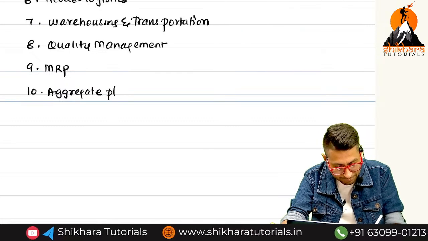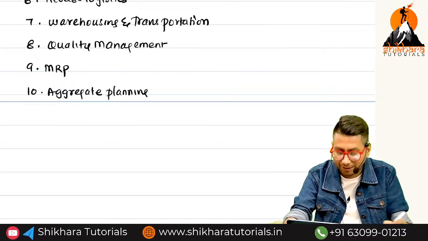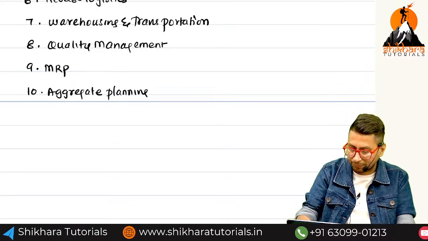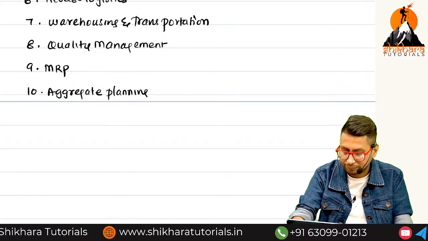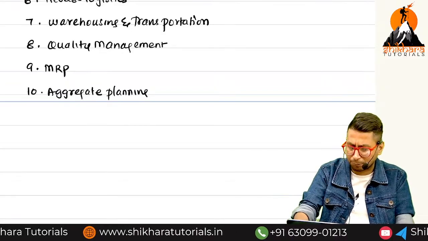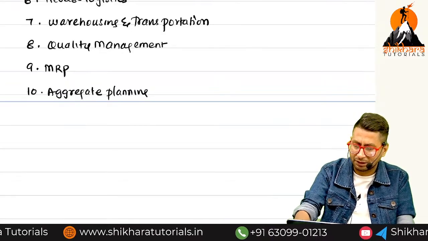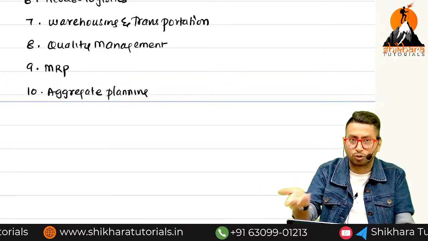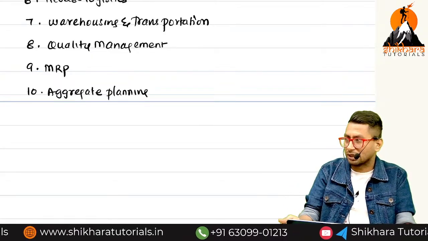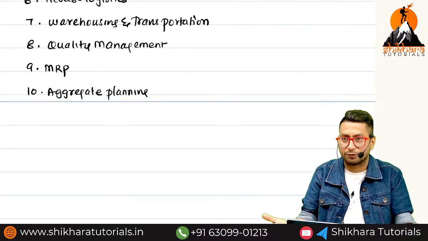Aggregate. Now what exactly do we mean by aggregate planning? Overall production. Like let us say, for example, Coca-Cola cannot keep manufacturing in whatever quantities it wants.